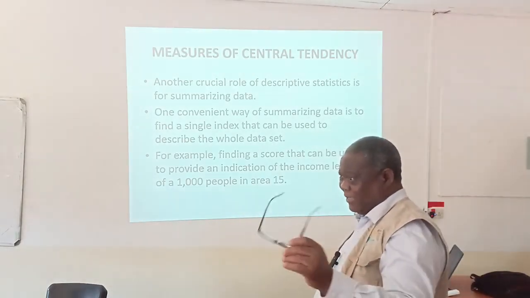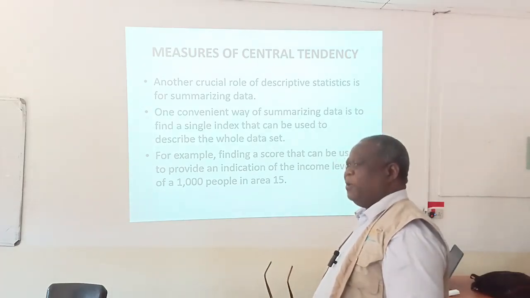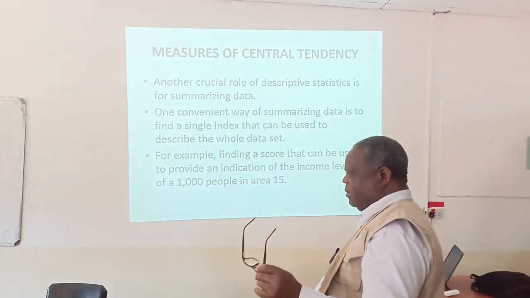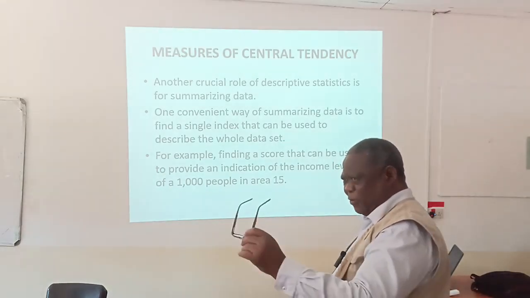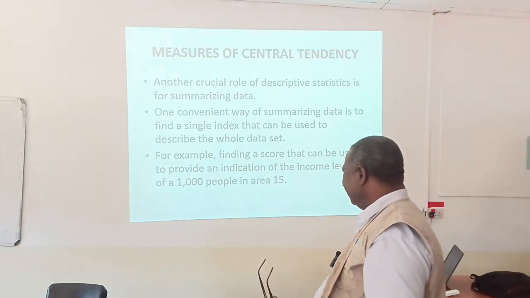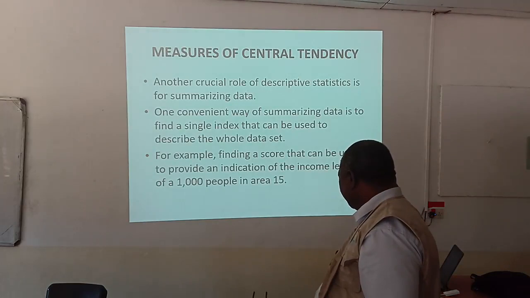For you to speak about 1,000 data points, it may be difficult. So, coming up with a particular index would help you to talk about that. For example, income levels for area 15 people, 1,000 of them.